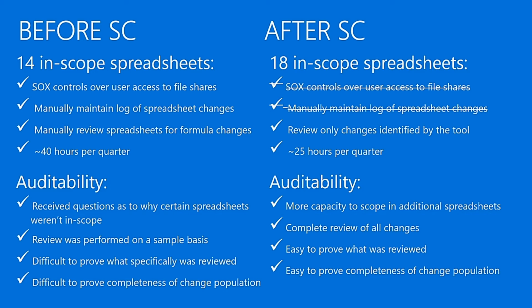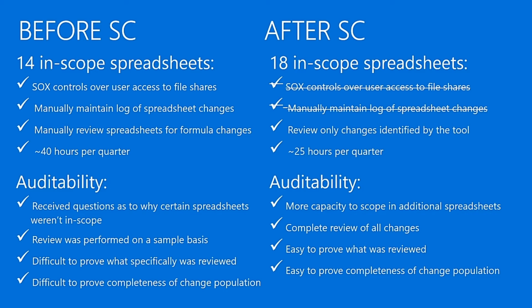So about 2 years ago, we became aware of Spreadsheet Compare. And this solved a really hard problem for us because it finally gave me a really good answer for that auditor question of how are you comfortable that you have a complete population of changes. And because I can rely on the tool, which Steve just showed, of here's all the changes, we were able to get rid of that stupid change log.